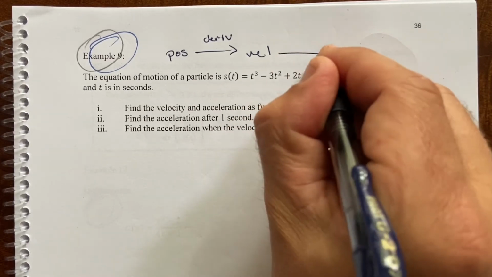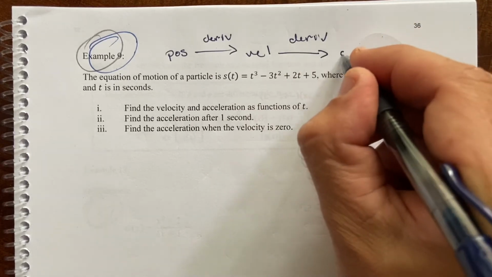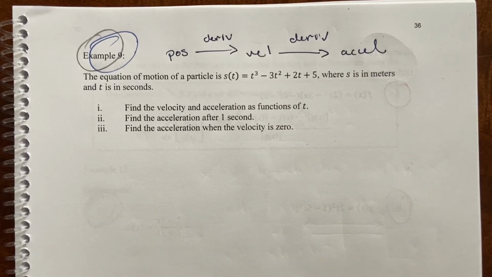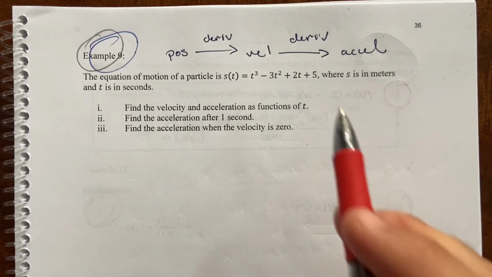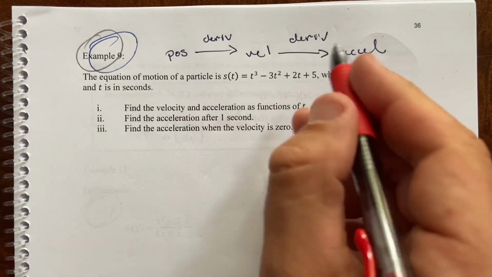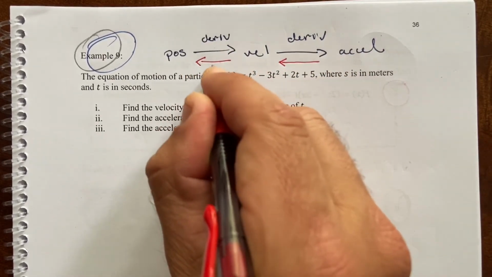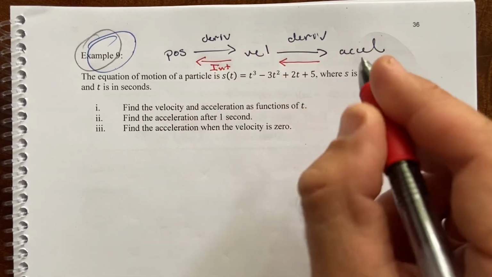If you take another derivative, then you'll have an acceleration function. So this is our connection between these different quantities we often care about. Later on, we'll learn how to go this direction. That'll be the integral. That's later.